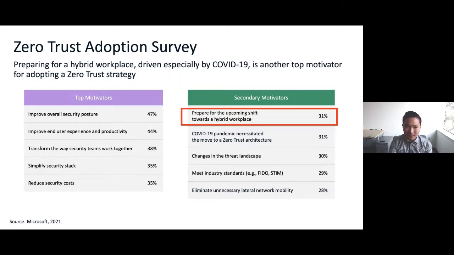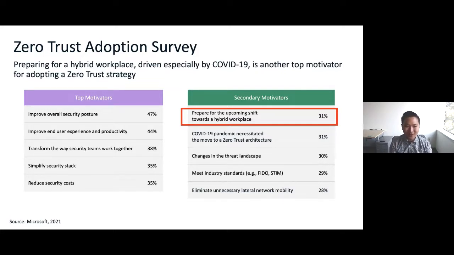As well as there's a lot of thinking around how organizations can improve end user experience and productivity, because imagine in the past, people might meet in person more often, but during the COVID-19 pandemic, a lot of users have to interact via Microsoft Teams, Zoom, and different collaboration solutions.